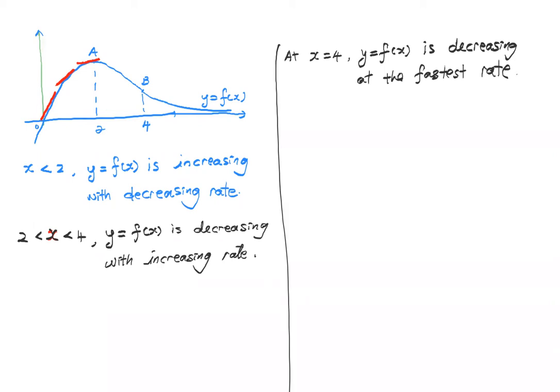So you are talking about the steepness of the graph. If any application question asks you, find the value of x whereby y equal to f(x) is decreasing or increasing at the fastest rate, straight away I know I have to look for the inflection point of f(x).